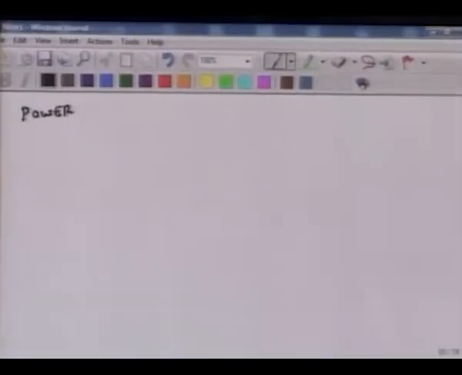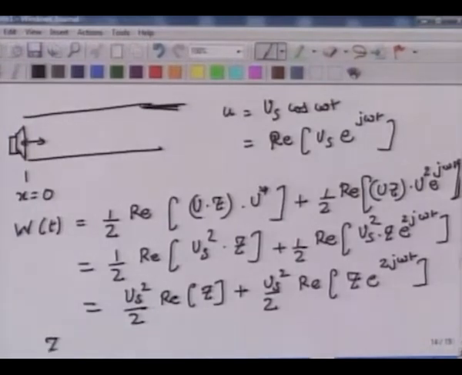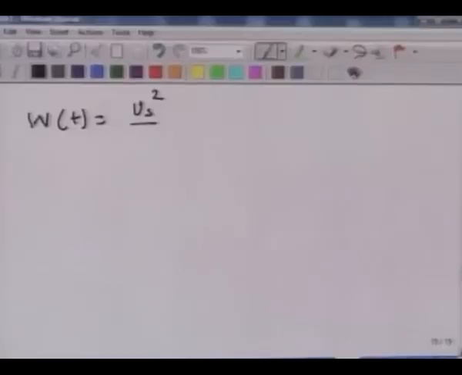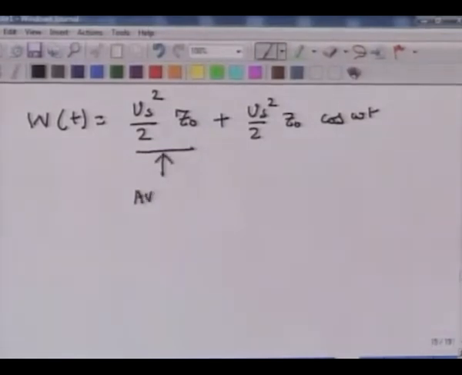Now we know that for an infinite tube, Z equals Z naught equals rho naught c. We had seen this, right? And it stays constant throughout the length of the tube. So if I make this replacement, then instantaneous power equals US square over 2 Z naught plus US square over 2 Z naught cosine omega t. So here average power is non-zero, and this is the oscillating component of the power.